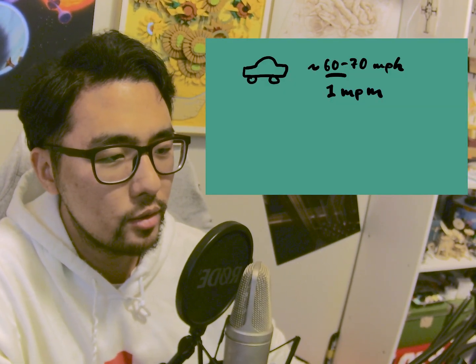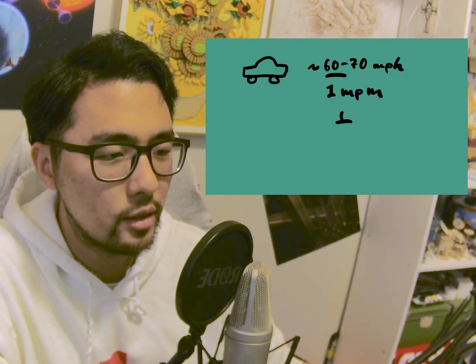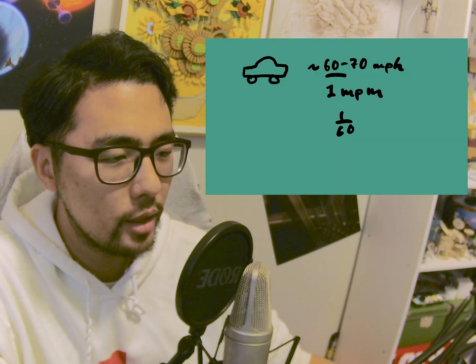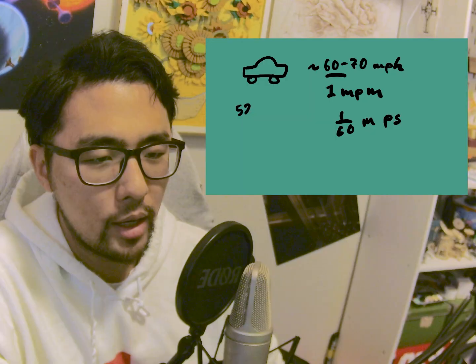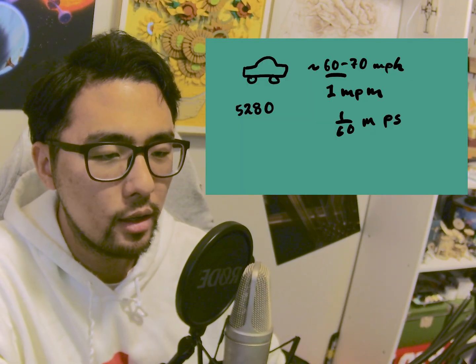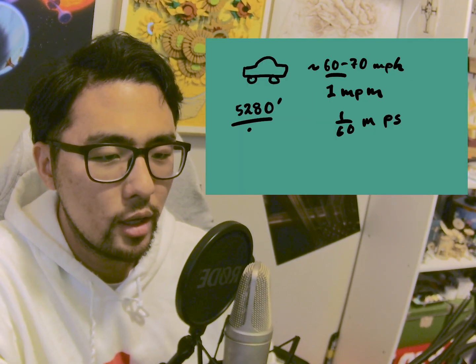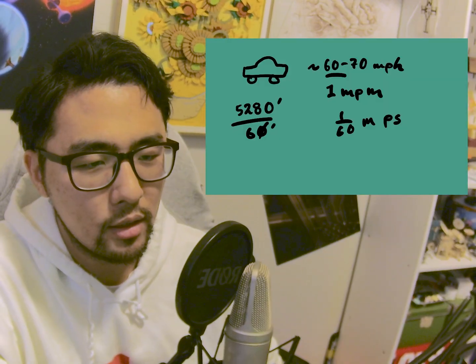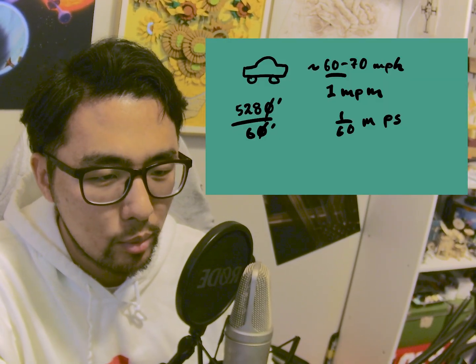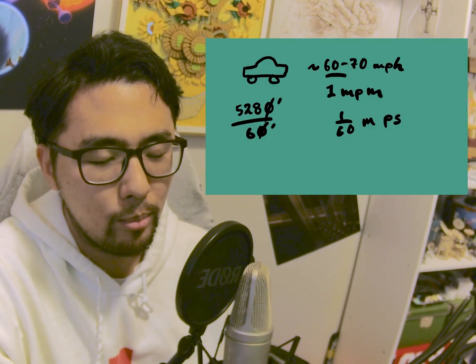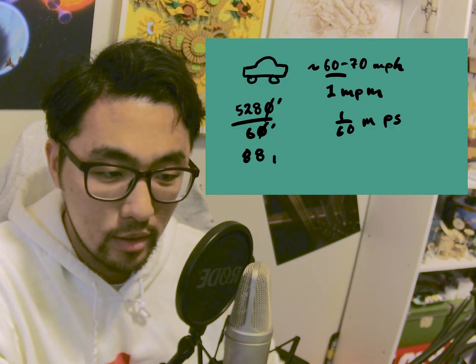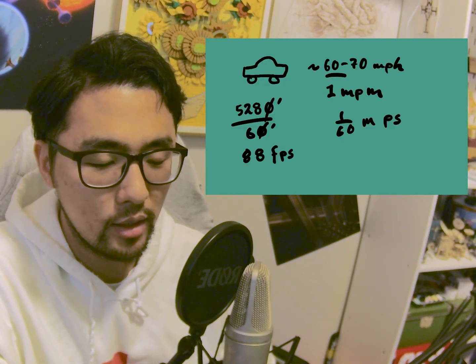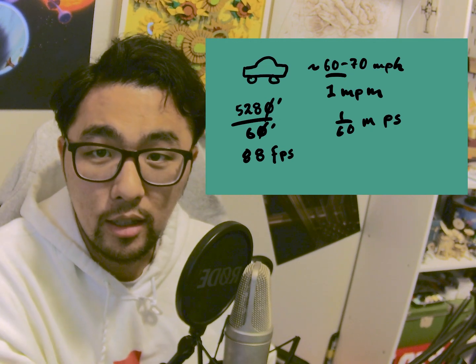That means you're traveling a 60th of a mile per second. Since a mile is 5,280 feet, 5,280 divided by 60 is 88 feet per second. That's not frames per second, it's feet per second.